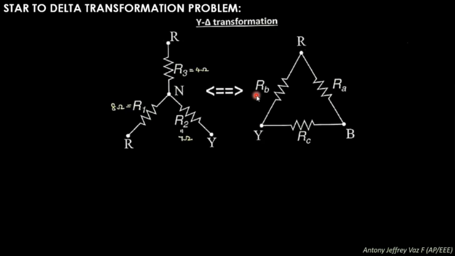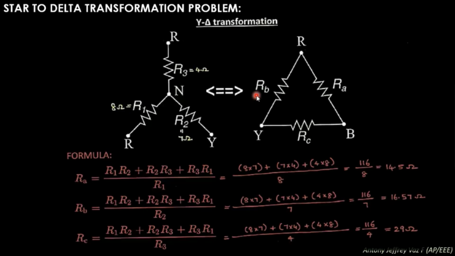Due to time constraint, I will show you the answer. This is the formula. To find RA, the formula is R1 R2 plus R2 R3 plus R3 R1 divided by R1. What you need to do is substitute the values. R1 is 8 ohm, and R2 value is 7 ohm.